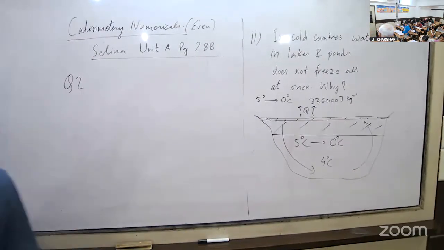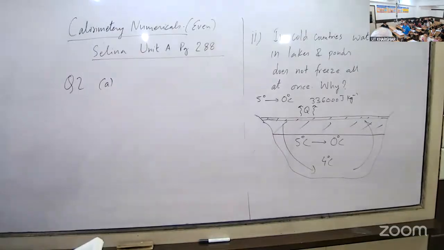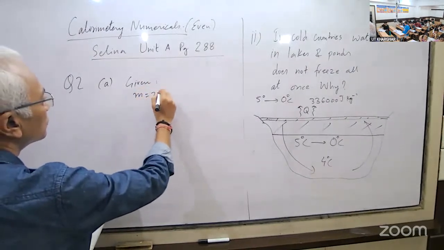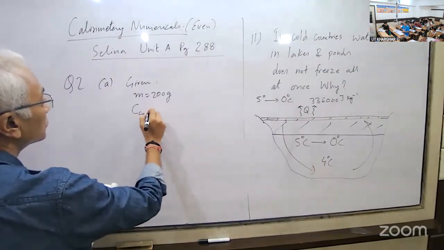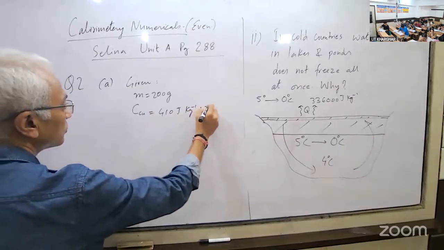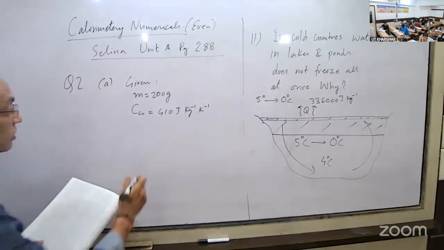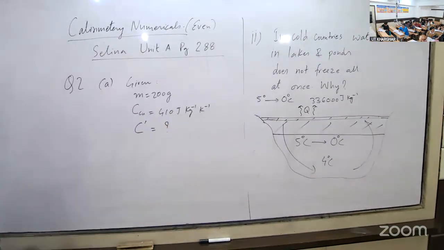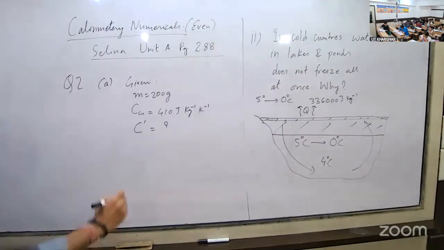So what do you have to calculate here? You have to calculate the heat capacity of a copper vessel of given mass. So solution.